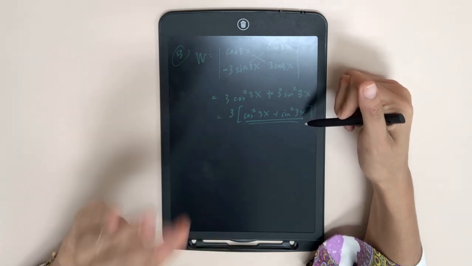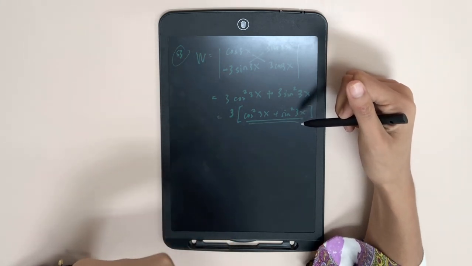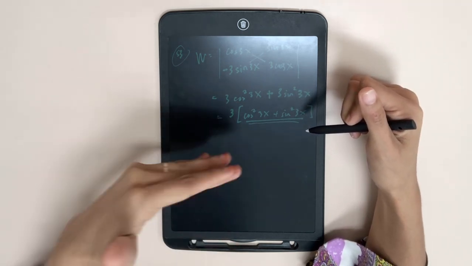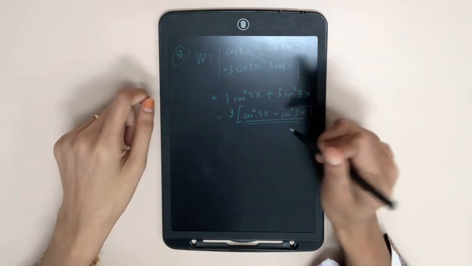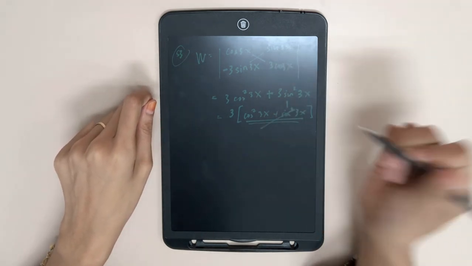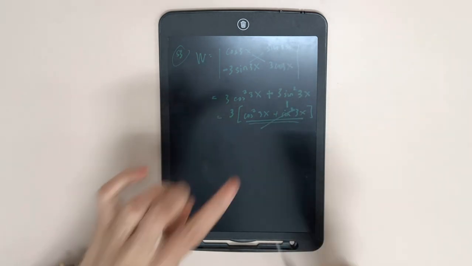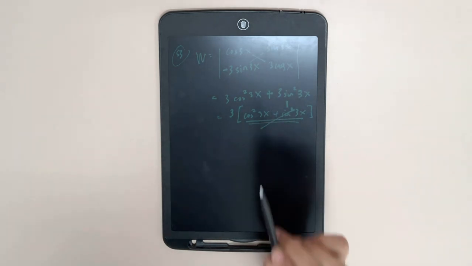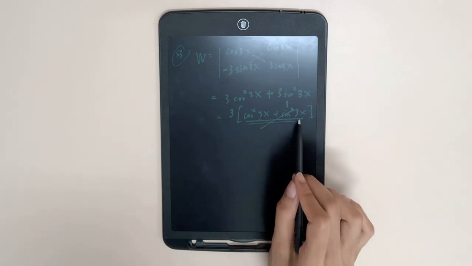Listen carefully, trigonometry identity. If you can't remember, you may search for it. This one is equivalent to 1, but we must make them the same: it's equivalent to 1 if here is 3x and here is 3x.